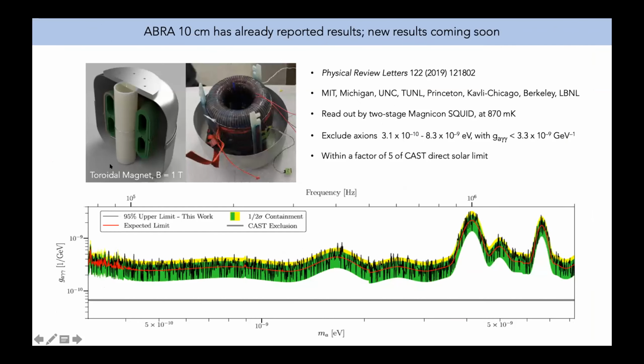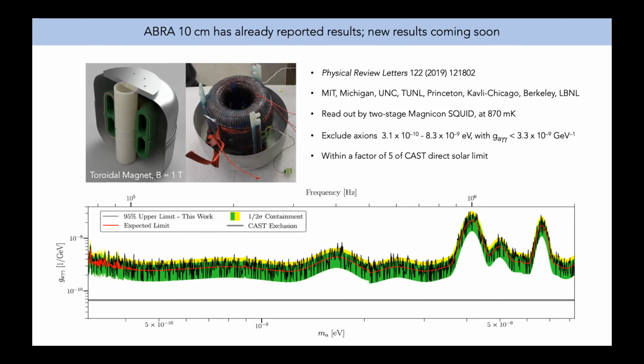In fact, at MIT, the ABRA collaboration a year ago published very beautiful results of a technologically very, very interesting experiment, where there was this very small toroidal magnet called ABRA 10 centimeters, which achieved a 1 Tesla field and was able to set limits already within a factor of a few of the existing CAST solar bounds over a range of 3 × 10⁻¹⁰ to 8 × 10⁻⁹ eV.